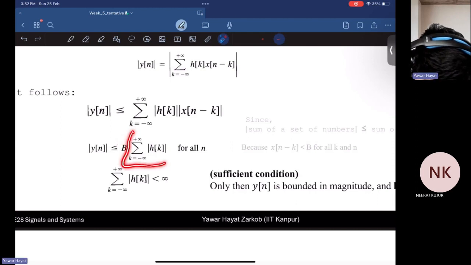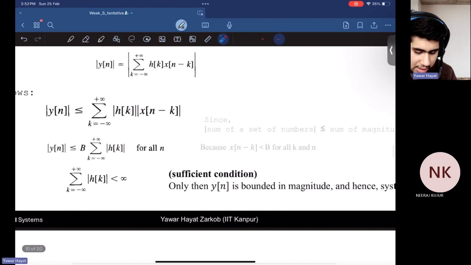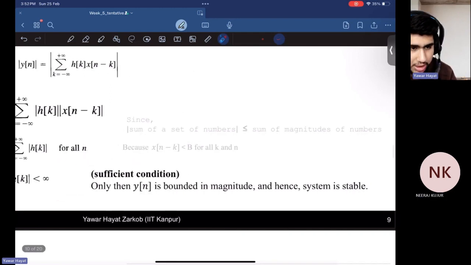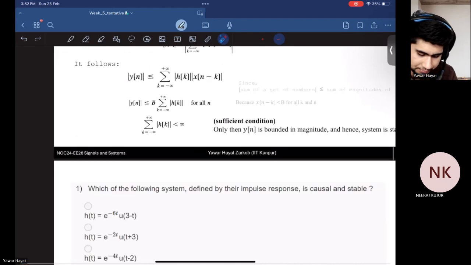So the summation over k from minus infinity to plus infinity of modulus of h of k should be bounded, in other words, less than infinity. And this is in fact the sufficient condition for a system to be stable. Only then is y of n bounded in magnitude and hence the system is stable.